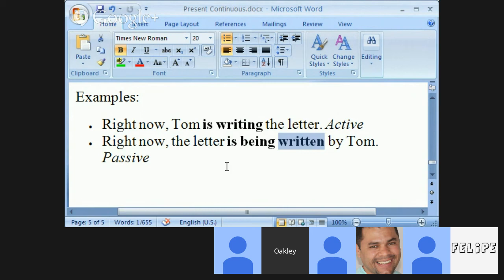What shows you the actual verb tense is what you're doing with the verb to be in front of the main verb. And there it is, being. That's present continuous, followed by the main verb. So that's it.